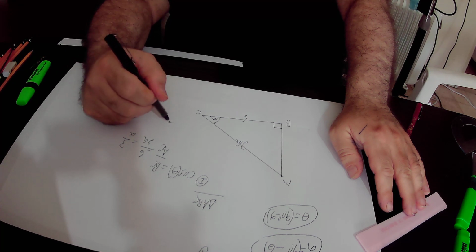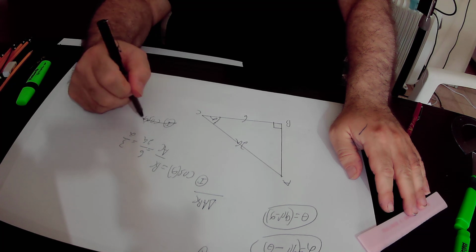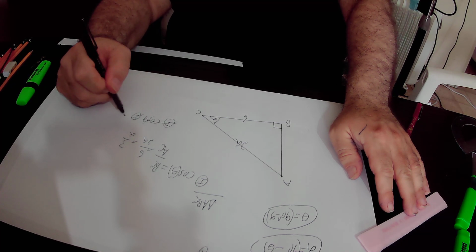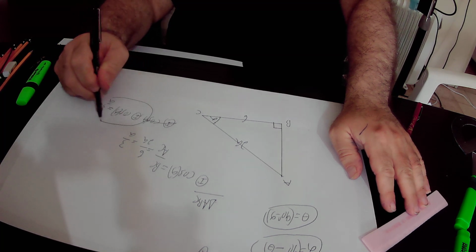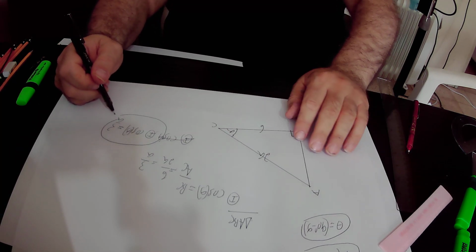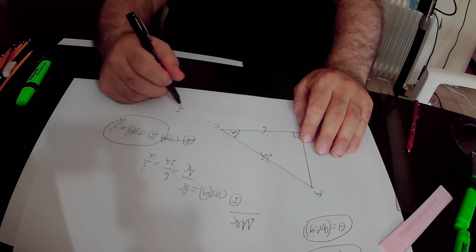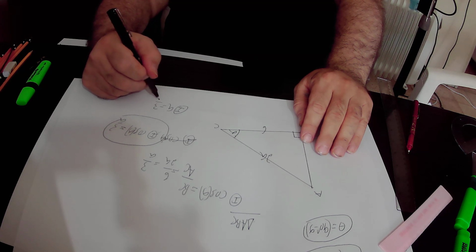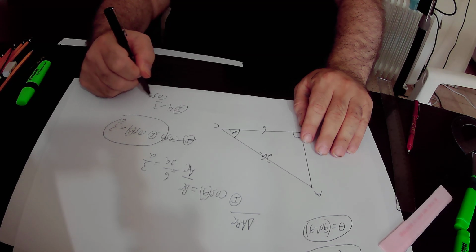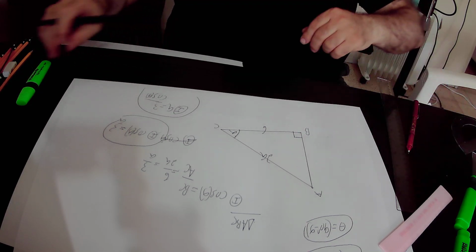So in conclusion, according to equation number 1, cosine alpha equals 3 over A. Here we will multiply equation number 1 by A, and then divide it by cosine alpha, and we will get that according to equation number 1, A equals 3 over cosine alpha.